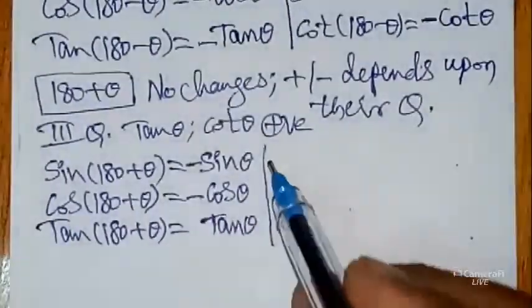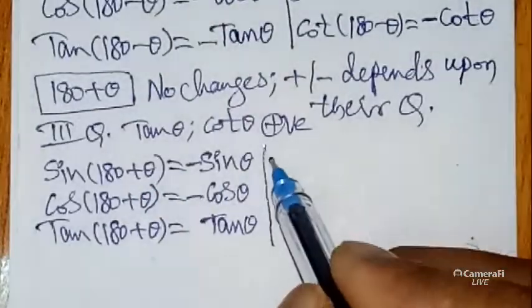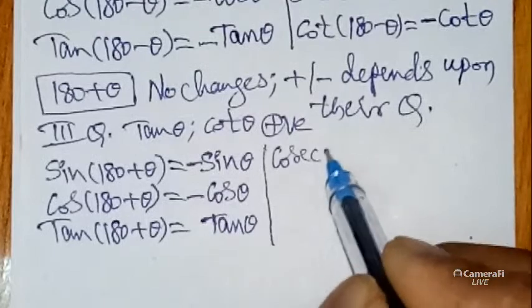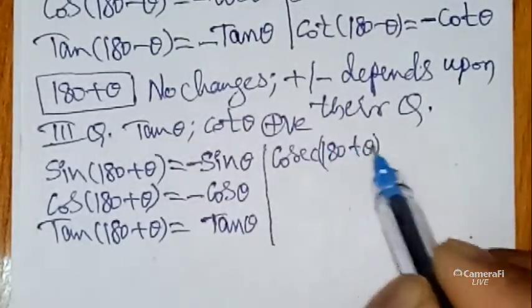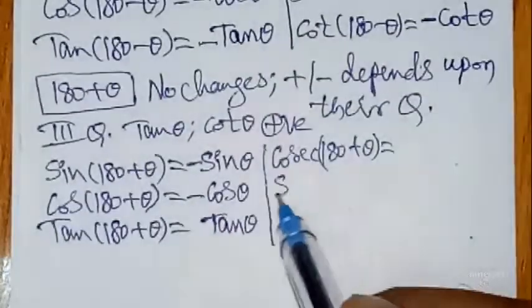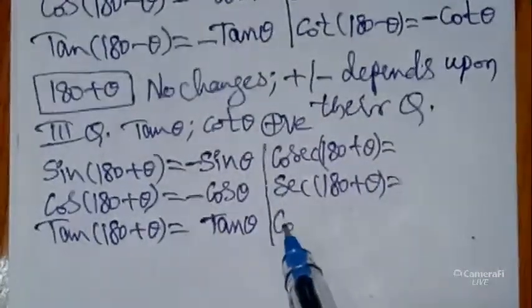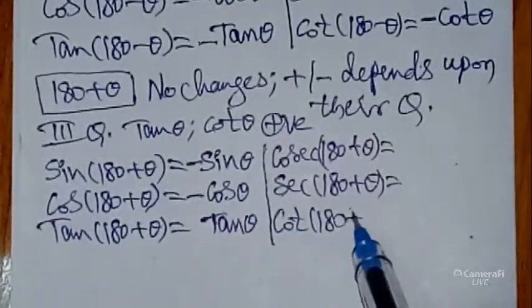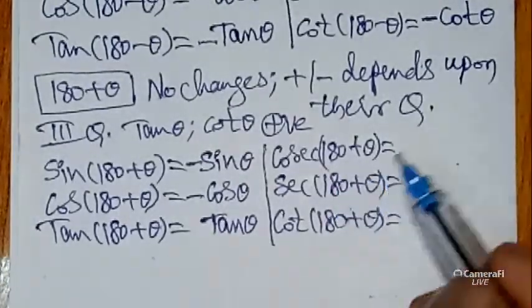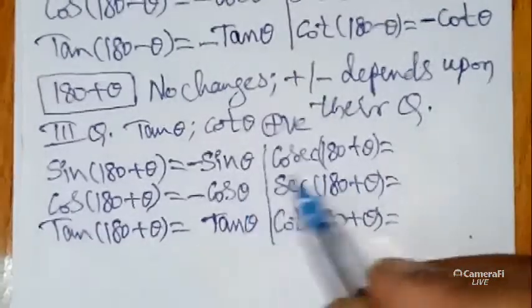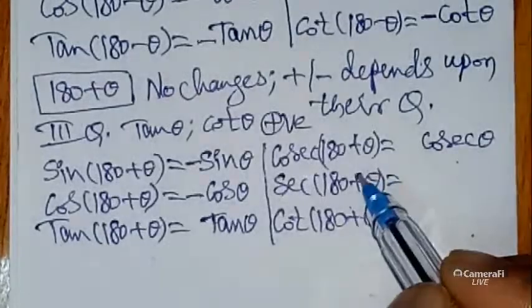And next I wanted to take the reciprocals of these three values. I mean cosecant 180 plus theta, secant 180 plus theta, cot 180 plus theta. Here for cosecant 180 plus theta, no changes, so you can write cosecant theta only.